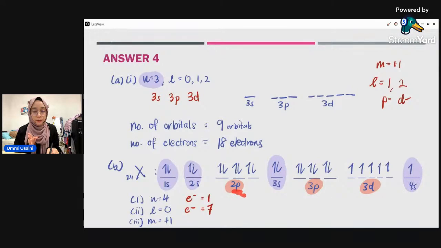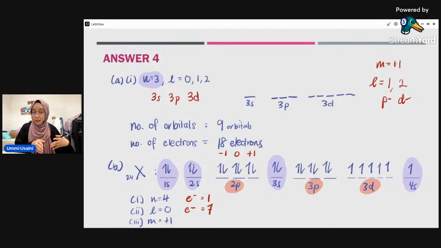When L is equals to 1, value of M ada 3 possibility kan? Value of M might be negative 1, might be 0, might be positive 1. Okay, so kita just assume je the first orbital is when the M value is negative 1. The center one is when the M value is 0. The right one is when the M value is equals to positive 1.